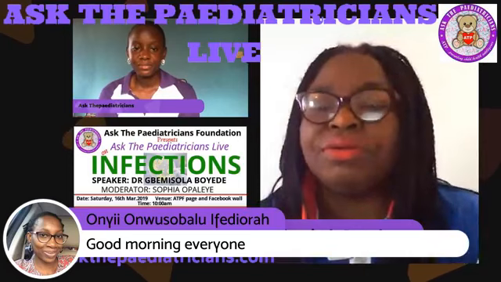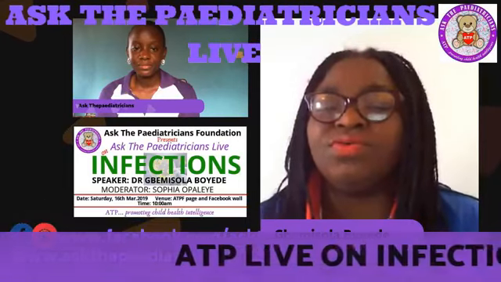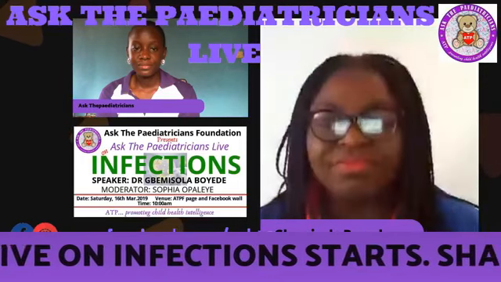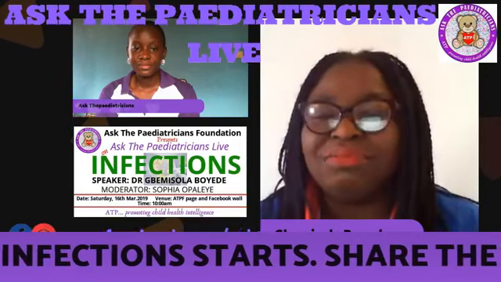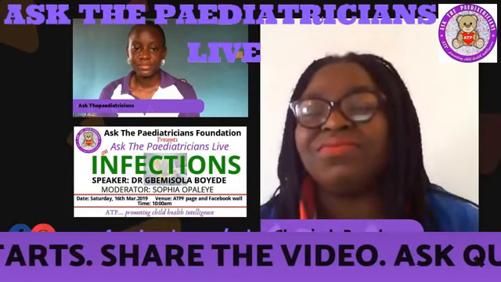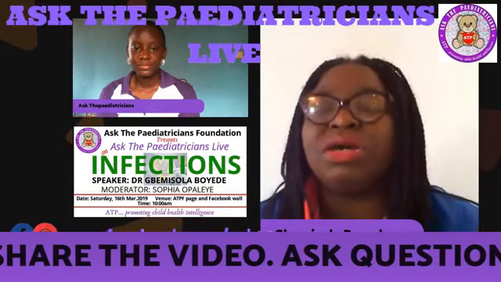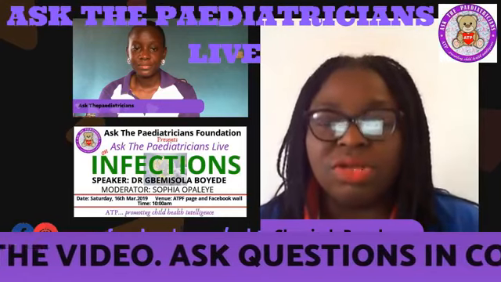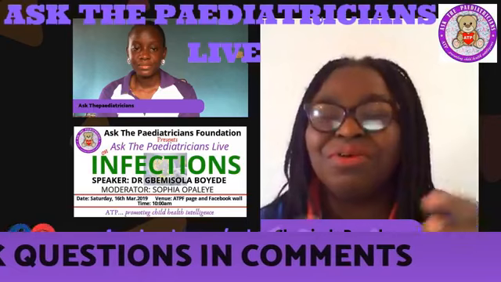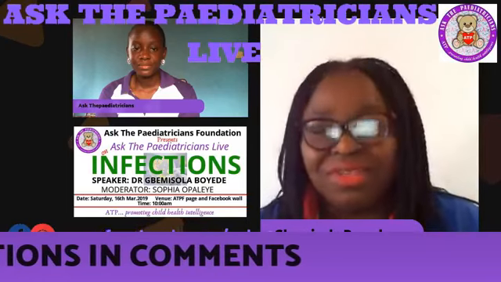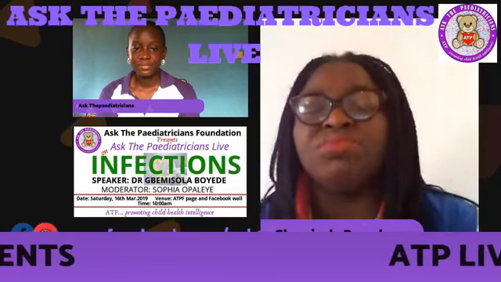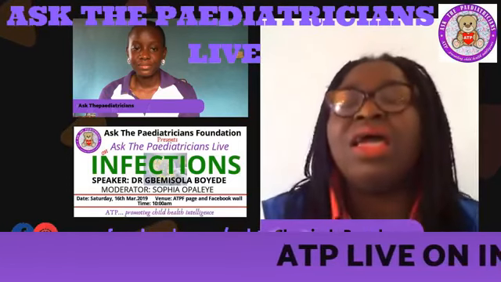Okay, so thank you. When we talk about infections, before I go into the definition, because sometimes I like to use clear words for parents to understand, there are some organisms, some living things in the environment that are very, very small, that most of us cannot see with our eyes.